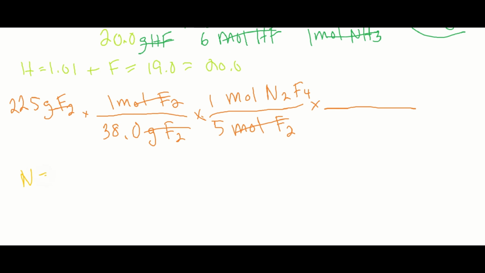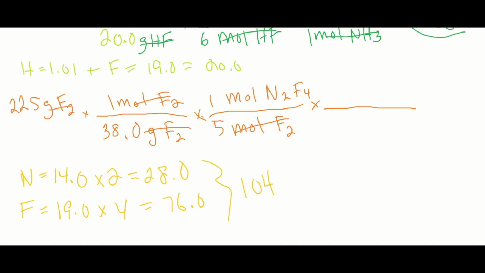Nitrogen, molar mass of 14.0. There's 2 of them. There's 28.0. Fluorine, 19.0 times 4 of them. All right, 20 times 4 is 80, minus 4 is 76. All right, add them up. 90, 104.